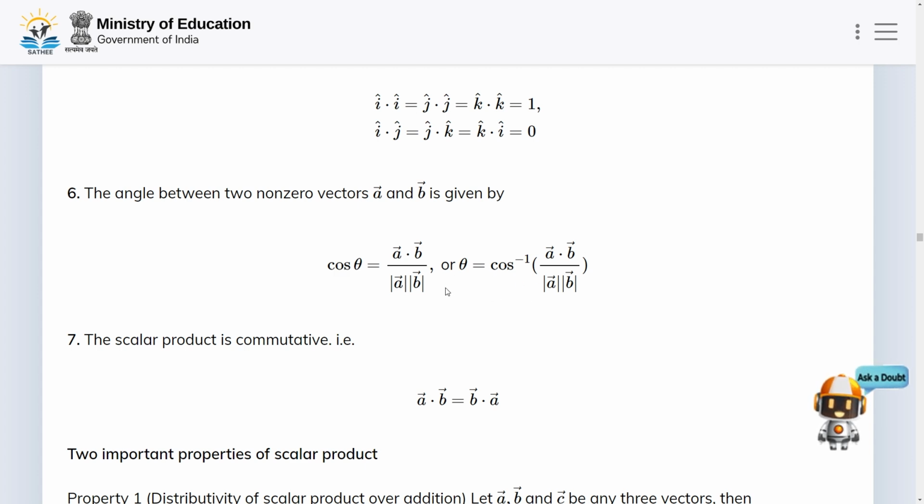Okay, so in this way you can easily find your theta, and always remember that theta belongs to the closed interval 0 to pi.